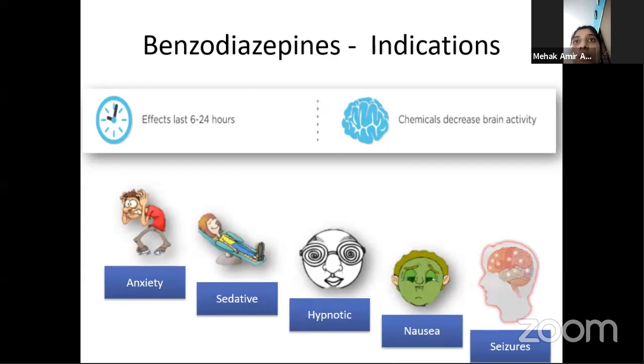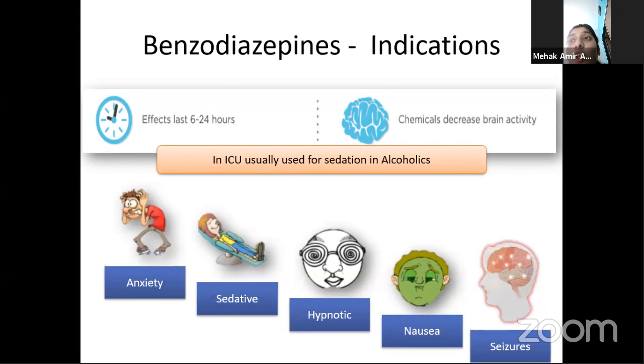So here come the benzodiazepines. The benzodiazepine effect lasts 6 to 24 hours, and it can be used for alcoholic patients and patients with frequent substance abuse. So in nursing, the history component should be very strong when you are taking the history of the patient.